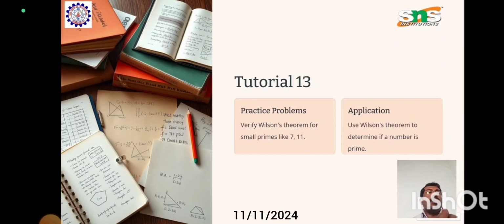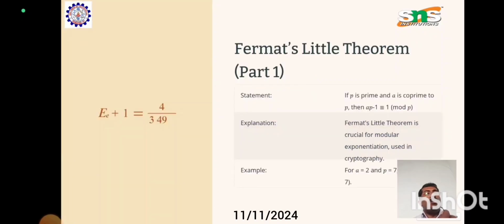So take smaller prime values, apply them in the Wilson's theorem statement, and derive solutions, to understand how it is useful in determining if a number is prime or not, so that you have a very clear picture and can move to the next important theorems on prime congruence concepts.